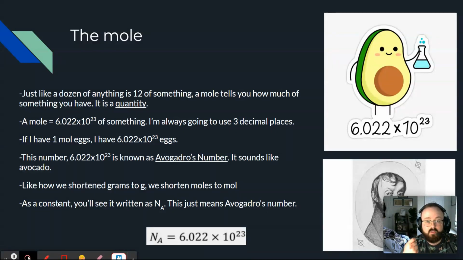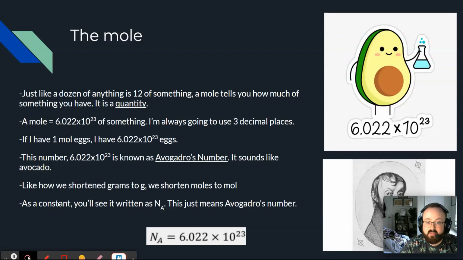It is a quantity, and instead of 12 of something, I have this very, very, very large number, 6.022 times 10 to the 23rd, which is Avogadro's number. So we've been using moles a lot. What it just is, it's an amount of something. So it's like counting off by dozens.